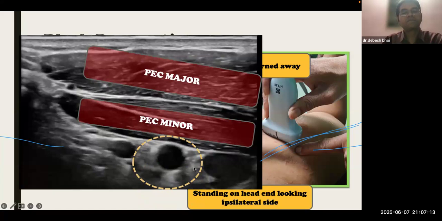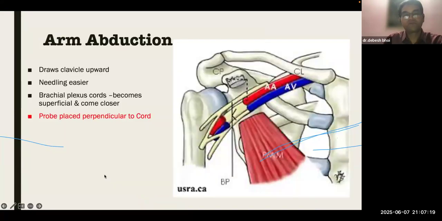Once you do abduction, these cords will be arranged lateral to the artery. That's the advantage of arm abduction: the clavicle will be more upward, the probe can be placed perpendicular to the cords, and it becomes more superficial, so you can do it in a better way.